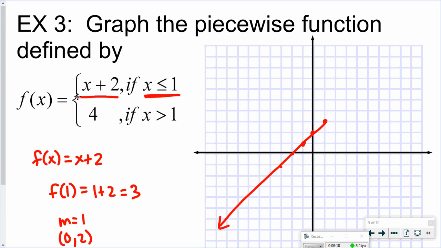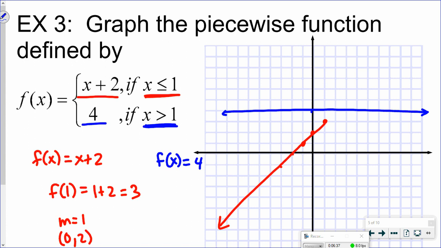Okay? And my second function is f of x equals 4. Well, that's just f of x is y, so y equals 4. Well, y equals 4 is a horizontal line at 4. Okay, so you have this horizontal line at 4. But I have to know what part of the line I need. So where x is greater than 1.